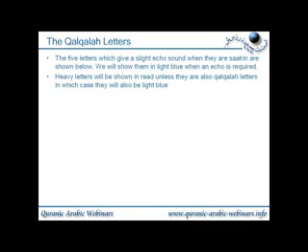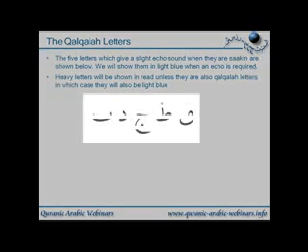So when we have some letters with sukoon, i.e. they're sakin, and they require an echo, we're going to draw them in light blue. Some of those letters are also the heavy letters, which in most of our lessons we've shown as a sort of dark red. So in that case we won't show them as dark red, we'll show them as light blue because the echo is more important in this case.